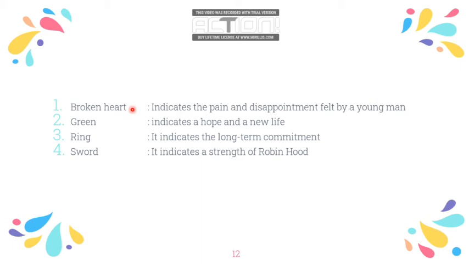The second is green. It indicates hope and a new life. Because in this story, Robin Hood and his army wore green whenever they wanted to rob rich people to help the poor.